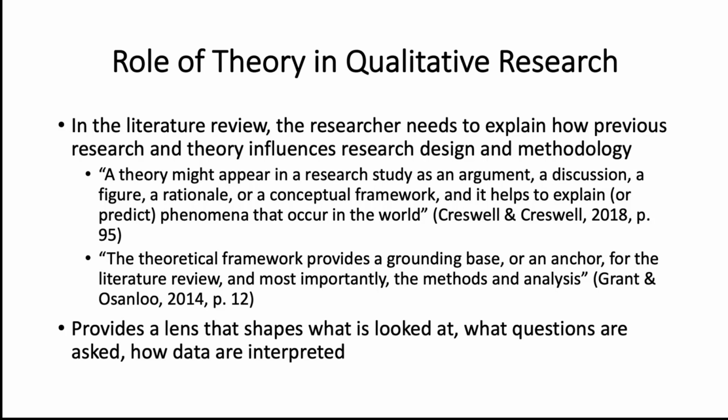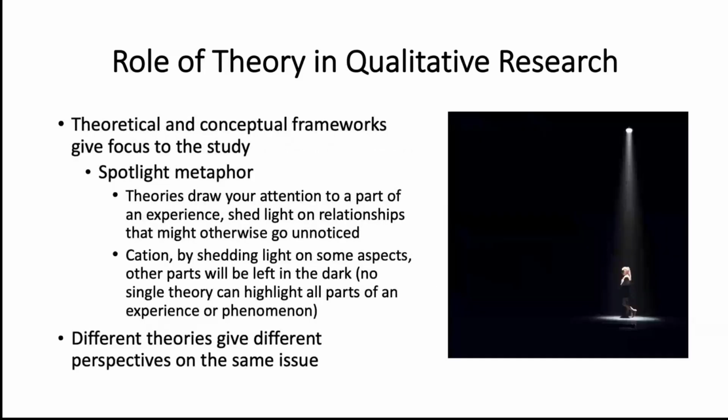So the theory, like we said a little bit earlier, should influence the way in which you are constructing an interview protocol, for instance, if you are collecting data via interviews. Theory really helps to provide a lens that shapes what is looked at, what questions are asked, and also how data are interpreted. So there are a number of different metaphors for the role of theory in qualitative research.